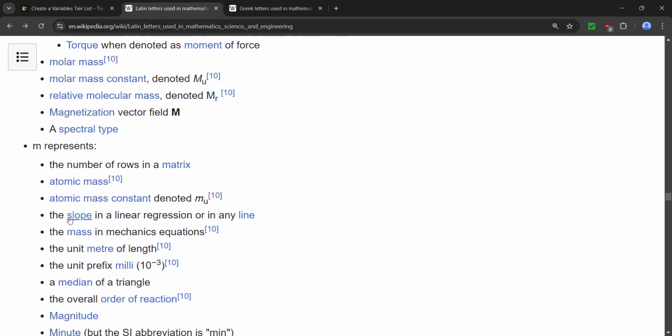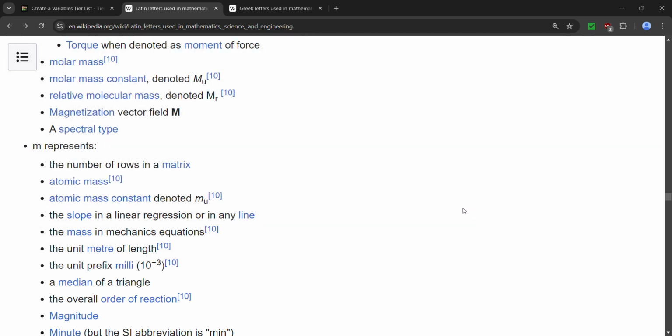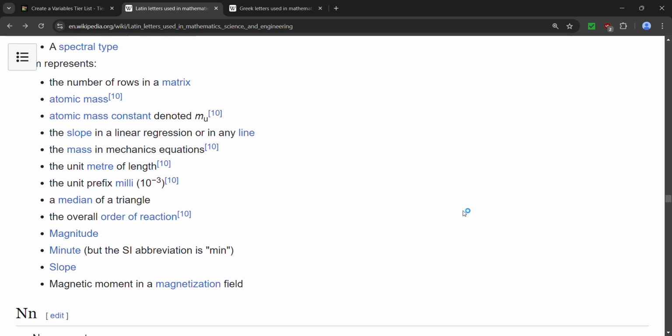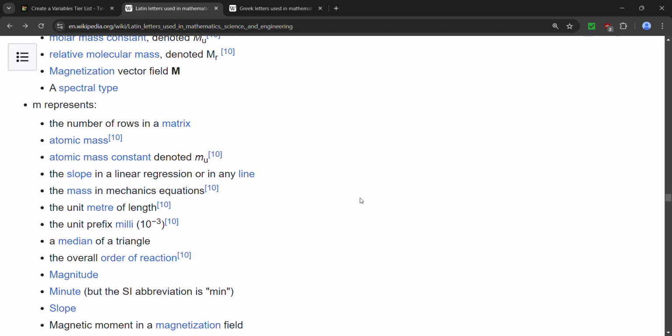Oh, y equals mx plus b, slope, meter, sure. Magnitude, I don't know about that. Minute, sure. Yeah, but the SI abbreviation is min. So I don't think we can give it minute, right? Because it's not carrying it all by itself. It needs an I and an N to represent the whole thing.